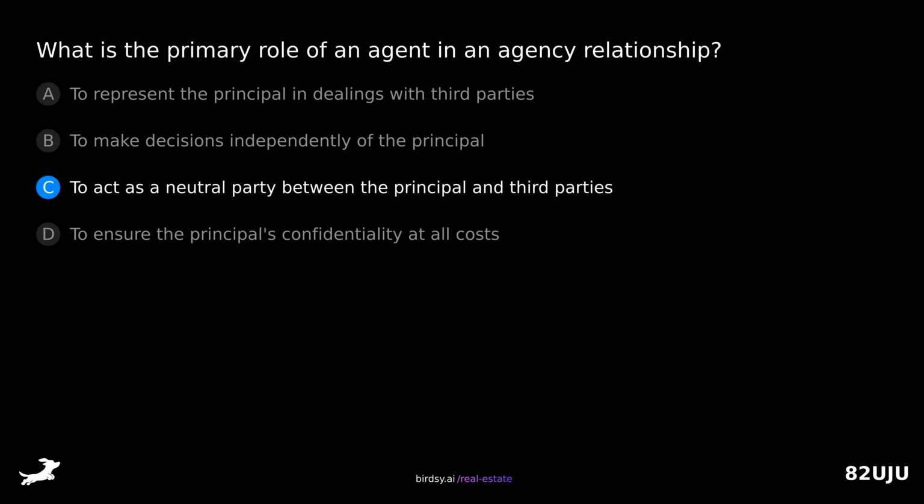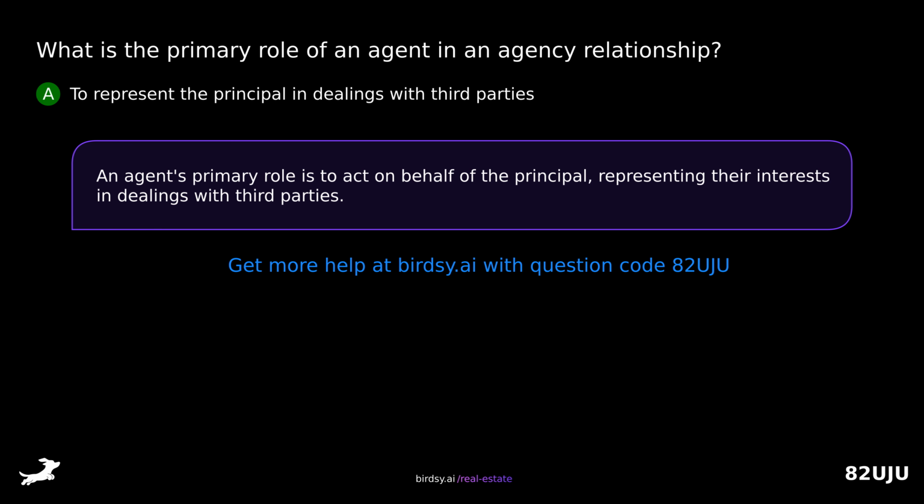C. To act as a neutral party between the principal and third parties? Or D. To ensure the principal's confidentiality at all costs? The answer is A. To represent the principal in dealings with third parties. An agent's primary role is to act on behalf of the principal, representing their interests in dealings with third parties.